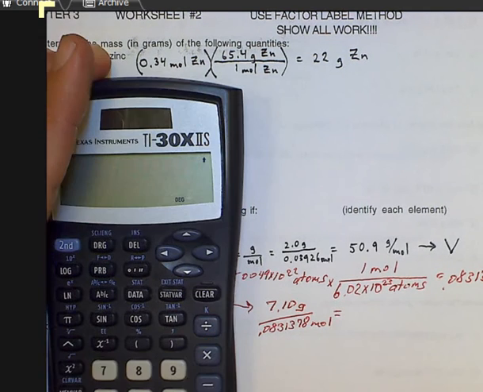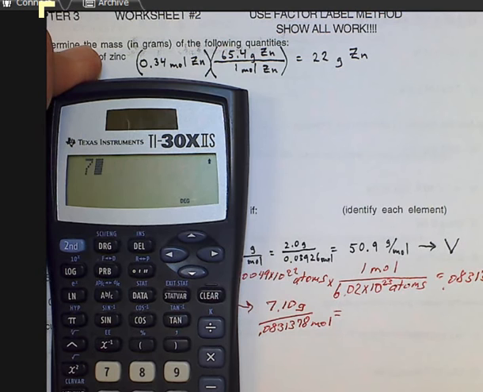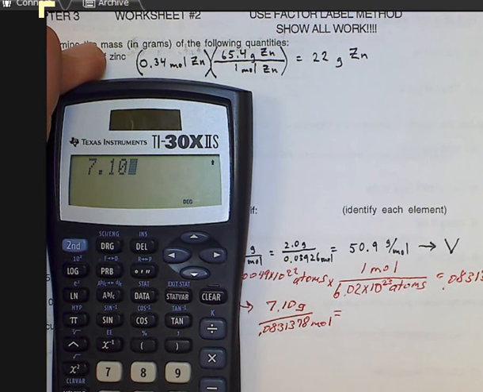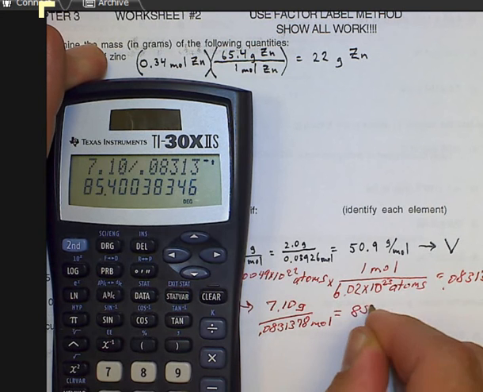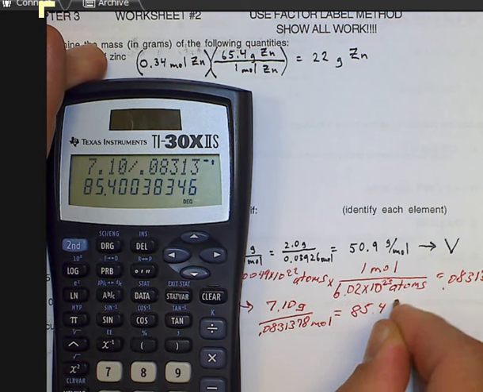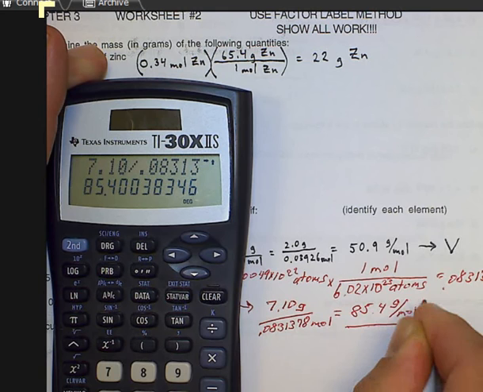That'll get us our atomic weight, or molar mass. So we're going to take our 7.10 divided by 0.0831378, and that gives us 85.4 grams per mole. So that's our atomic weight.